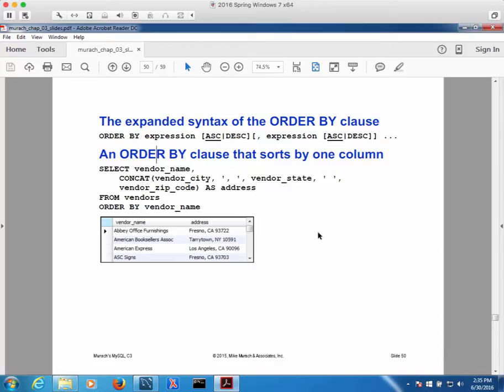We can combine these. So we can say we want to sort on A, comma B, comma C. And when you know about sorting, you'll know that it's going to compare on A, okay? And if they're different, then that's the end of it. It sorts based upon the difference.